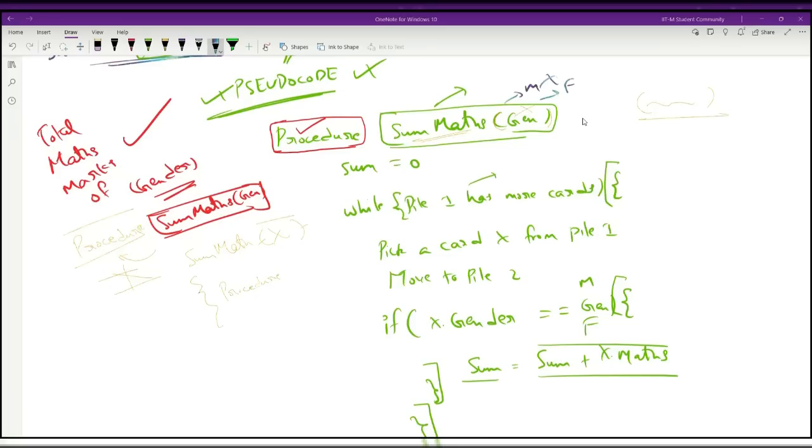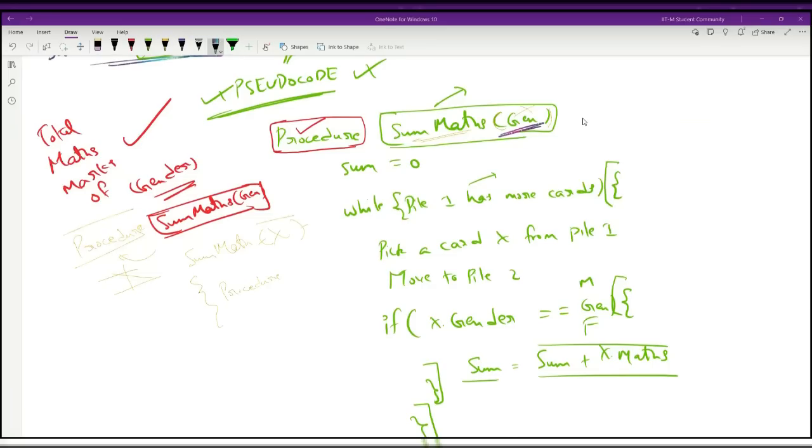If we combined both male and female, then there would be no need to pass a parameter, rather we would be finding the total maths marks of the class. Am I right? This makes sense, right? Yes, sir. We are only interested in making out the parameter based on gender, which is either male or female.